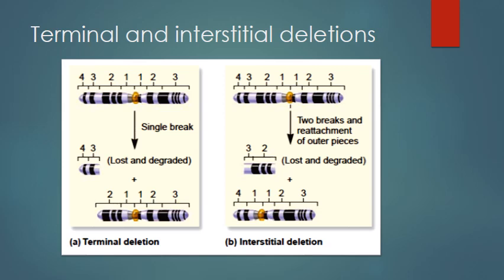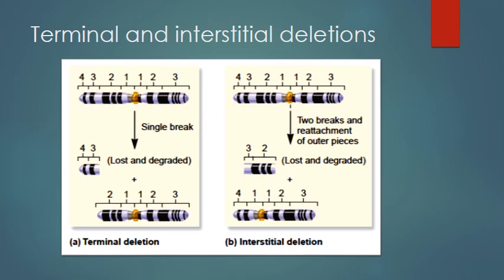This event produces a chromosome with a terminal deletion. On the right side is the interstitial deletion, where a chromosome has broken in two places to produce three chromosomal fragments. The central fragment is lost and the two other pieces reattach to each other. This process has created a chromosome with an interstitial deletion.